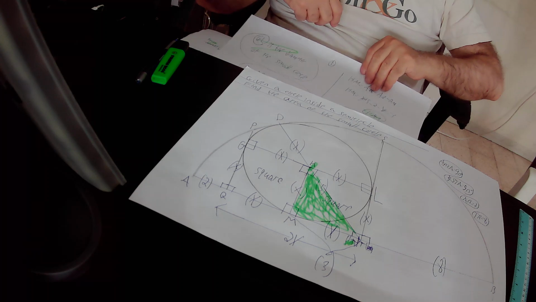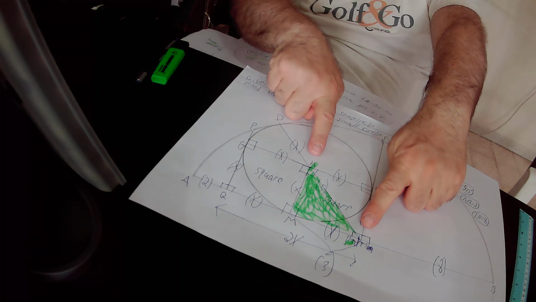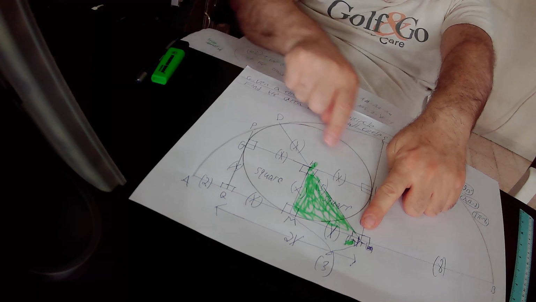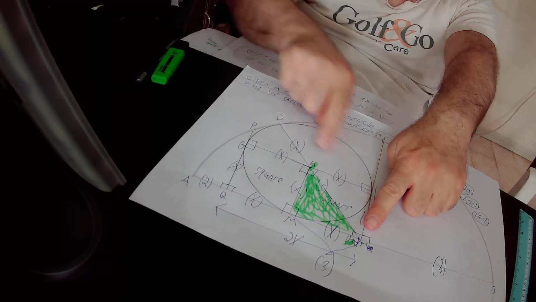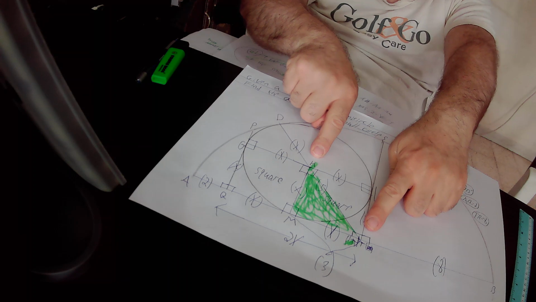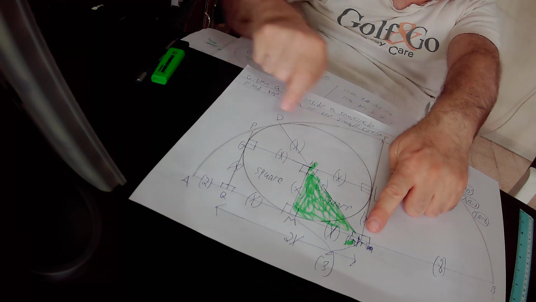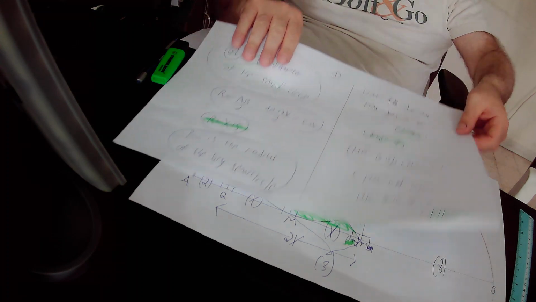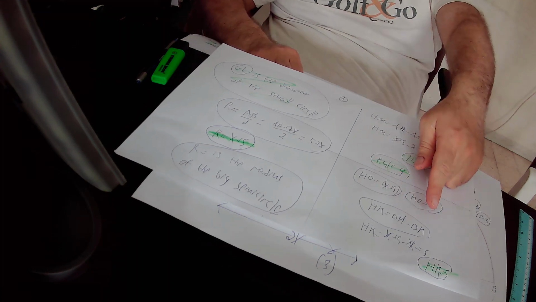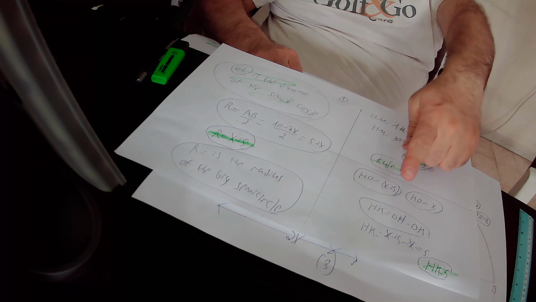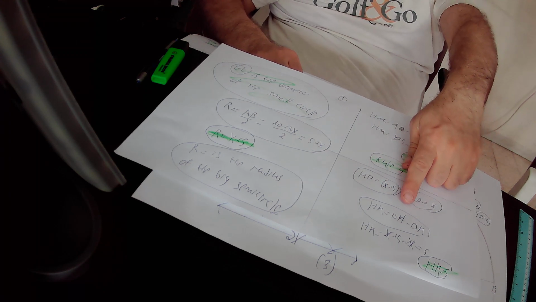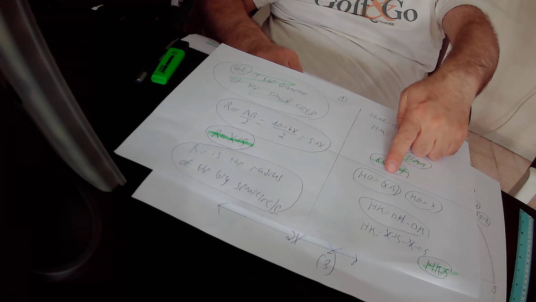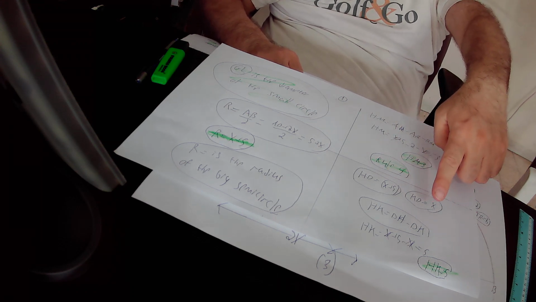So what is the length of the missing side KH? The length of the missing side KH must be equal to DH minus DK. So KH equals DH, that is X plus 5, the radius of the big semicircle, minus KD.